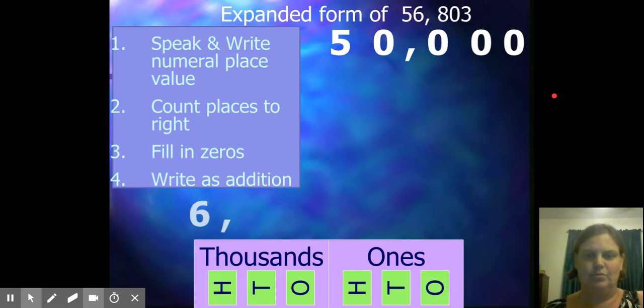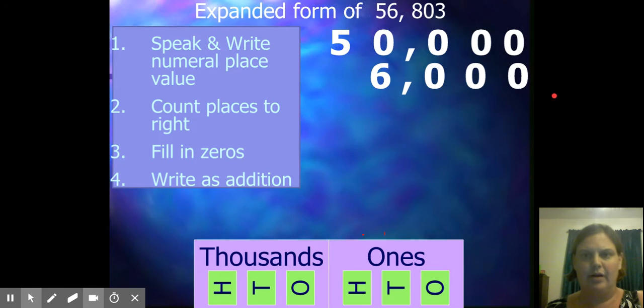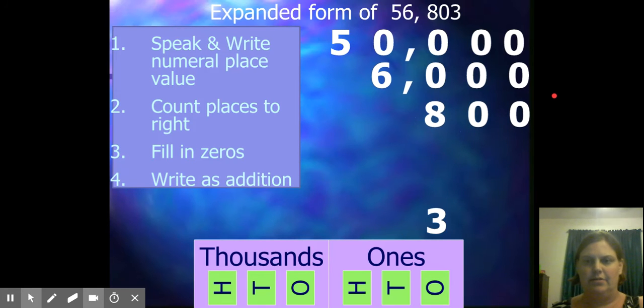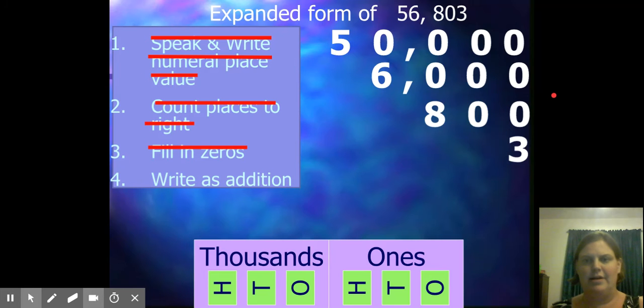I'm going to count those zeros and fill them in. 800. Count those zeros and fill them in. I have nothing next to the 8, so I have zeros, nothing, so I don't have to do it. And I have 3. Hey, look at me go. I did the first 3 things, and now I'm going to write as an addition problem.